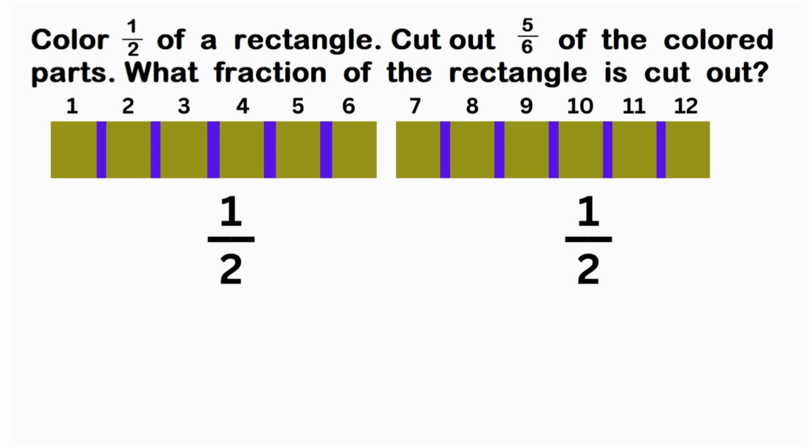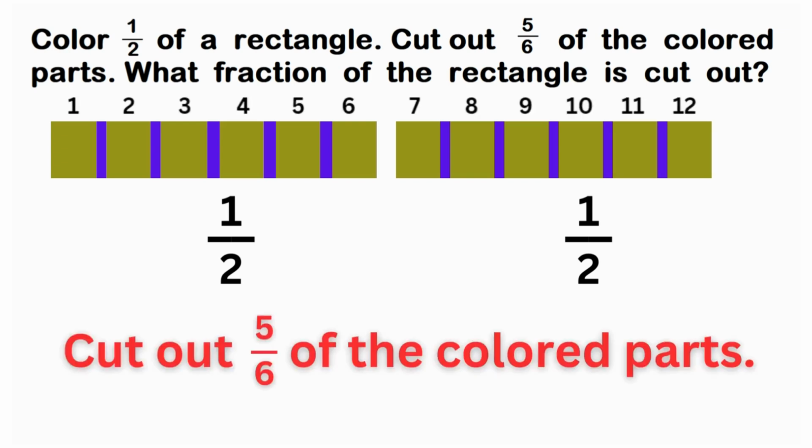Now, cut out 5/6 of the colored parts. Of course, of the 6 divisions in the first figure, or first half, only 5 will be colored. 1, 2, 3, 4, 5.